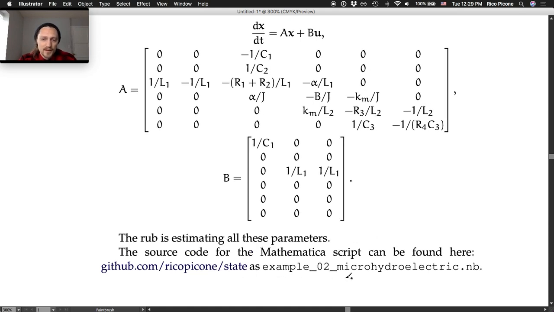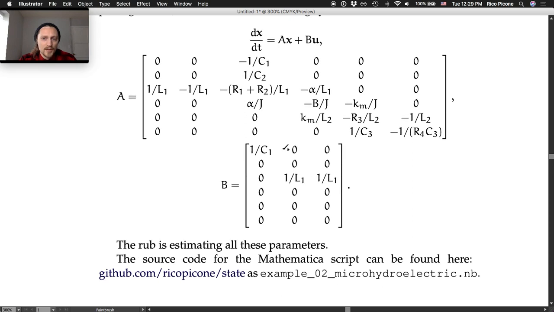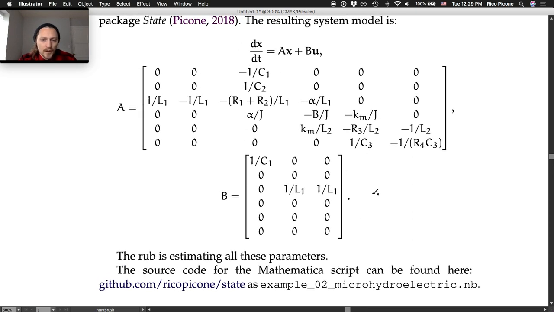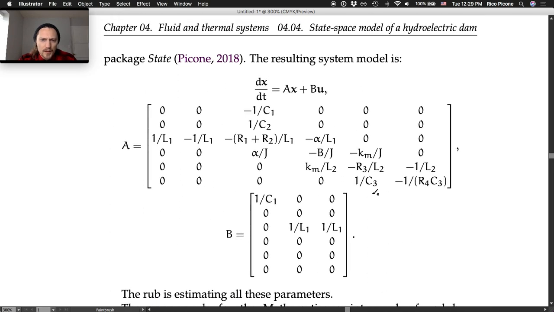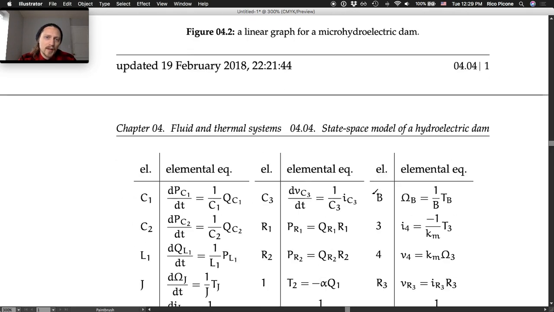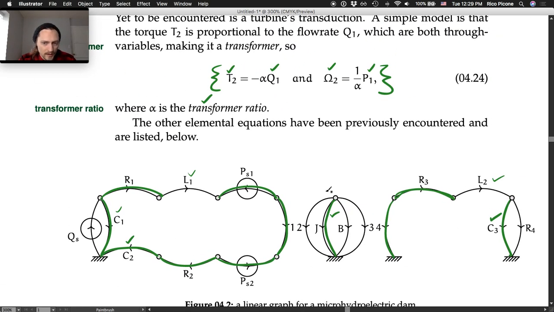So this is just telling you where to find the Mathematica script that I used to do the algebra on GitHub. Really, what it came down to was writing the linear graph model.